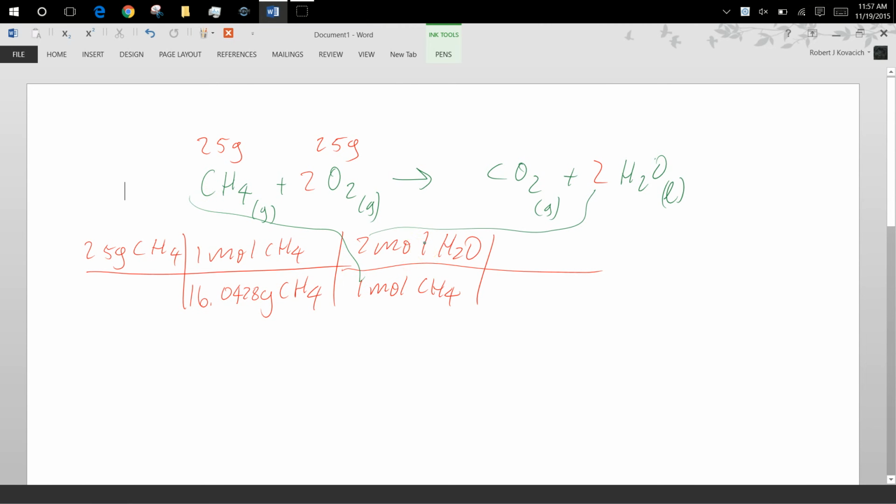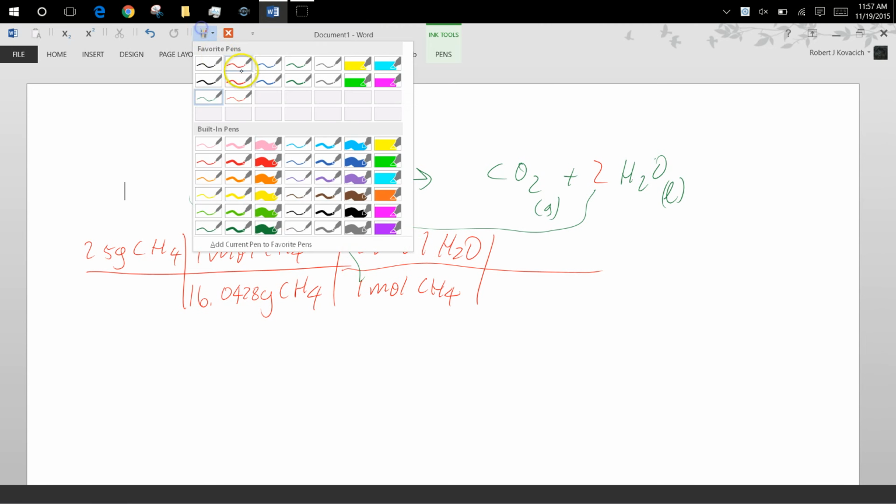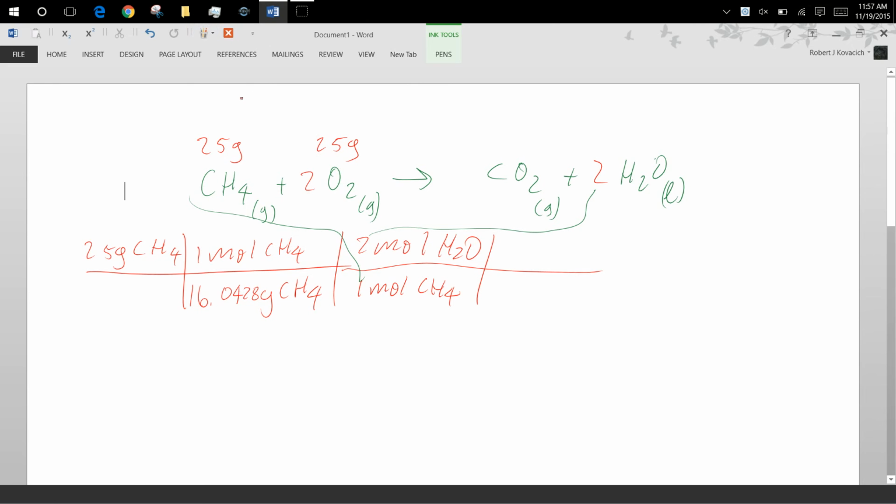But since I can't count water molecules, what I'm going to do now is figure out how many grams that is. So 1 mole of H2O is 1.00795 times 2 plus 15.9994, and so this is 18.0153 grams of water.